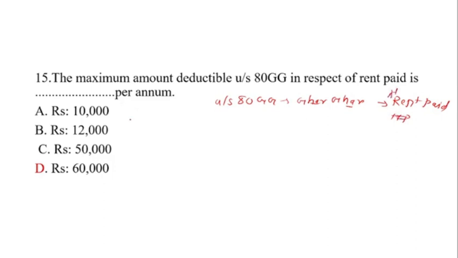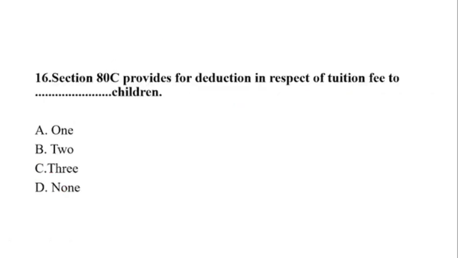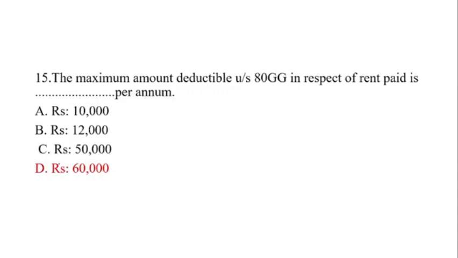So here you will get 5,000 rupees per month. How much will you get per annum as a deduction? 5,000 multiplied by 12, then you will get 60,000 per annum as a deduction. So option number D is the correct answer.